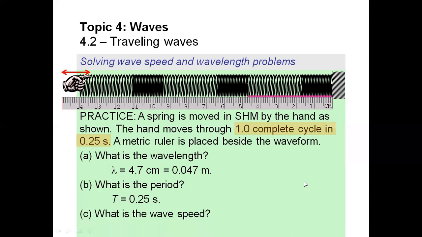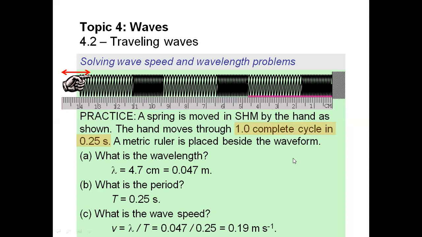And next question, what is the wave speed? For wave speed, we can use the equation: wave speed is equal to lambda divided by period. So 0.047 divided by 0.25 is going to be equal to 0.19 meter per second.